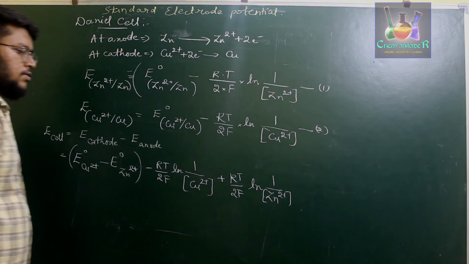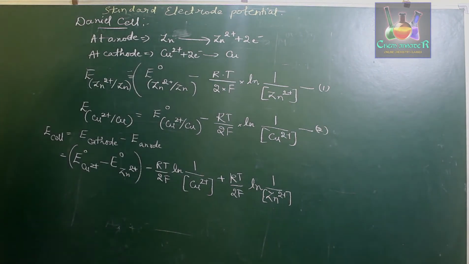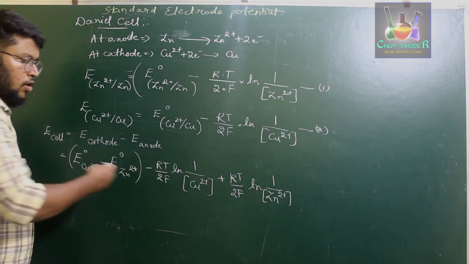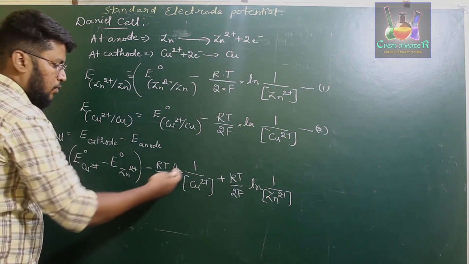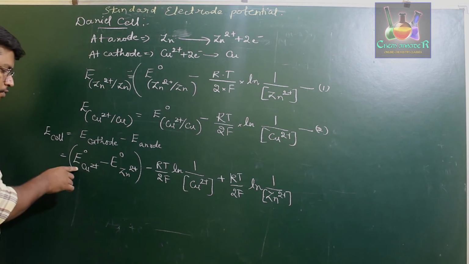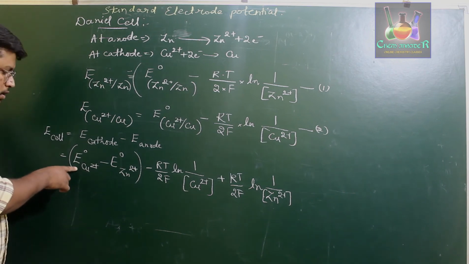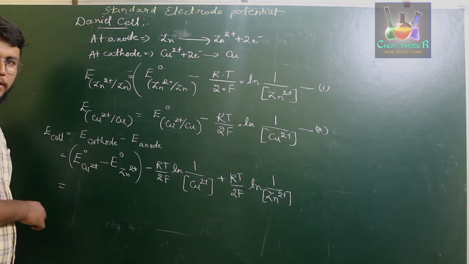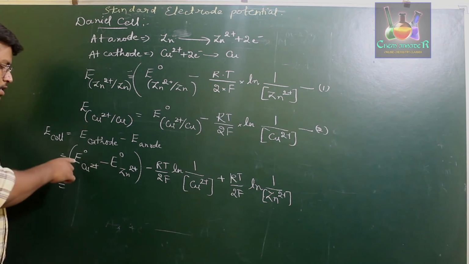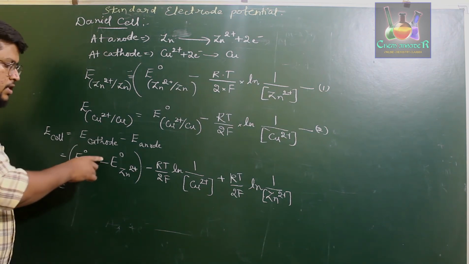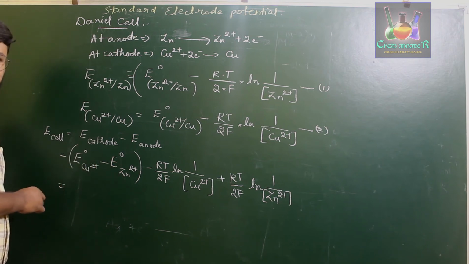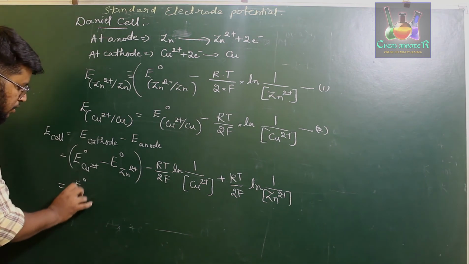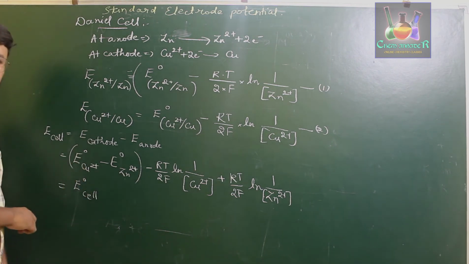So this will be the equation. On further simplifying, you can take RT by 2F as common. Further, if you observe over here, this is E naught of Cu2+ minus E naught of Zn2+, that is nothing but the standard potential of Cu2+ minus the standard potential of Zn2+.